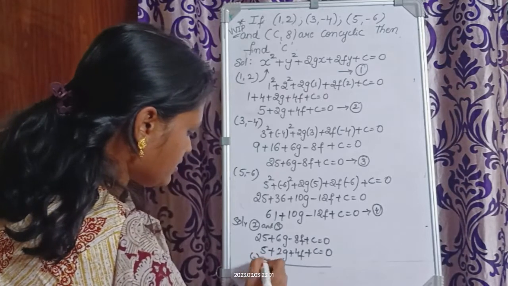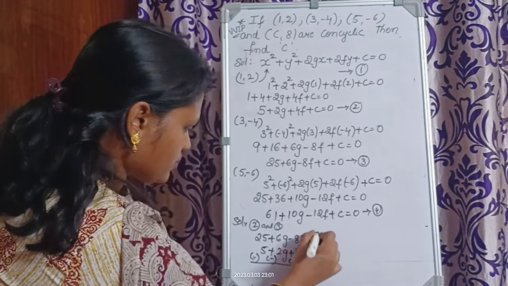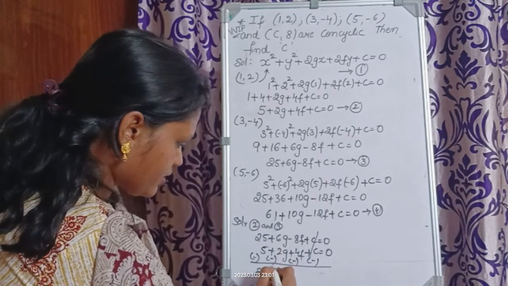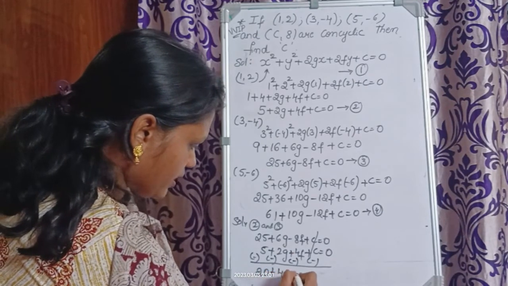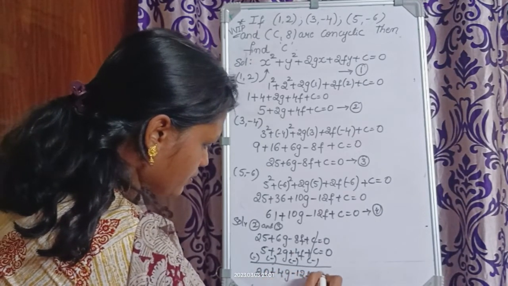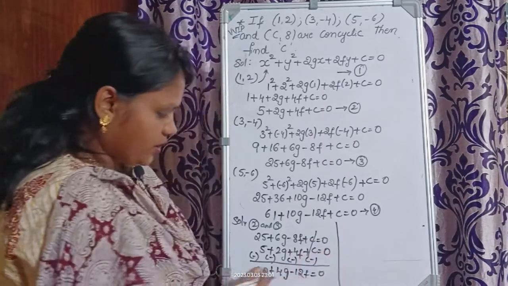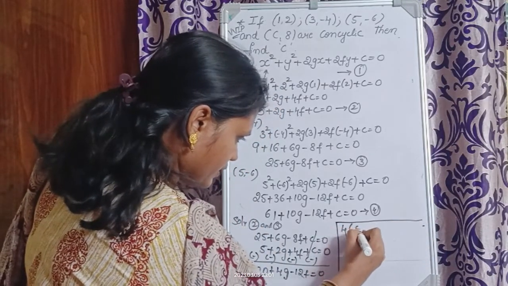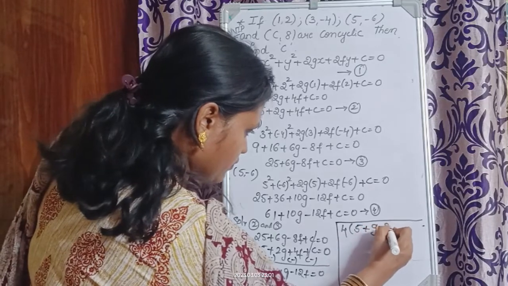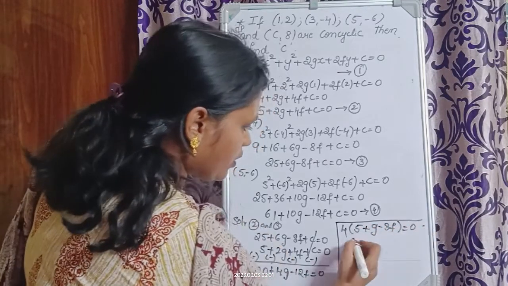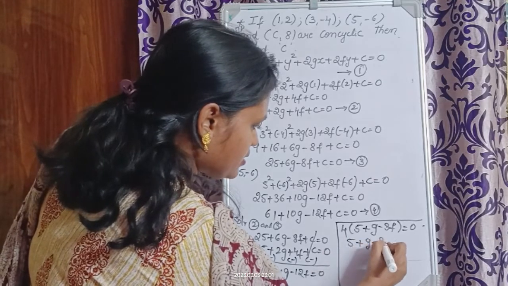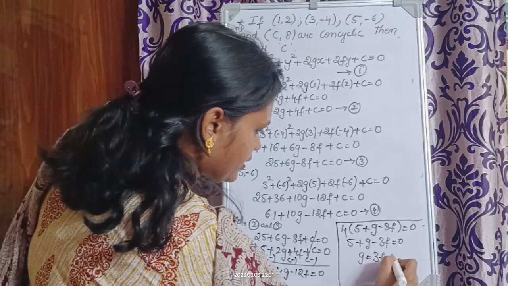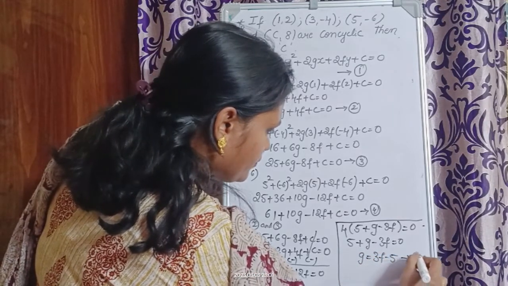Just interchange the signs, so this will get cancelled. 25 minus 5 is 20, plus 4g minus 12f is equal to 0. If I take 4 common, you'll get 4 times (5 plus g minus 3f) is equal to 0, or 5 plus g minus 3f is equal to 0. In other words, g is equal to 3f minus 5. I call this equation 5.